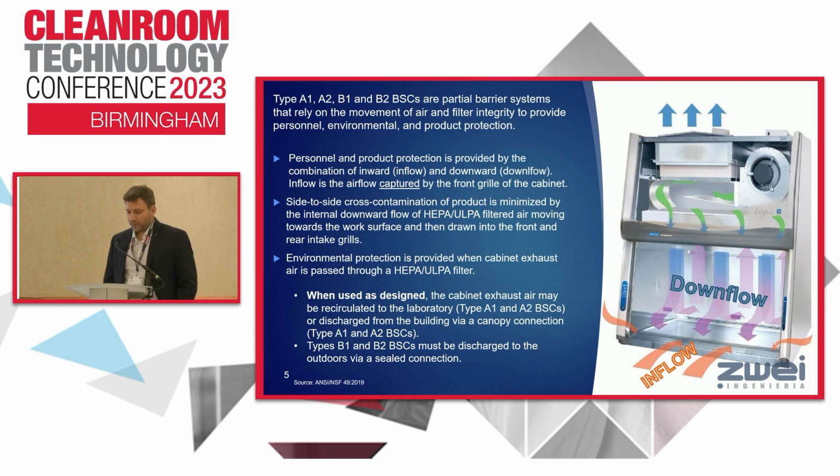The downflow air is the uniform airflow that descends from the top of the workspace to the work surface and is distributed between the rear grills and the front grills. If it's too high, you could get a turbulent flow. If it's too low, you can't reach the right velocity for displacement of the aerosols.